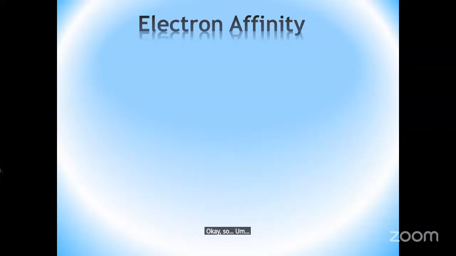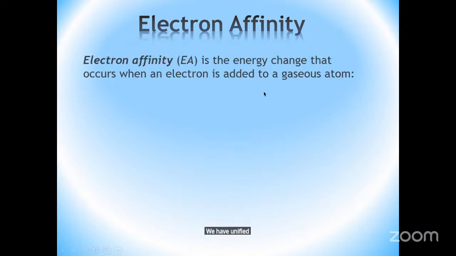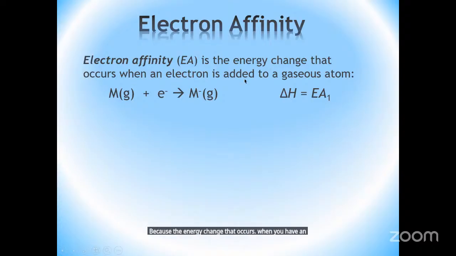The other property we're going to look at in terms of how it changes as you go from left to right of a period and down a group is what is called electron affinity. Just as we had to define the ionization energy, we have to define electron affinity, which is given right here. It is the energy change that occurs when an electron is added to a gaseous atom, right?